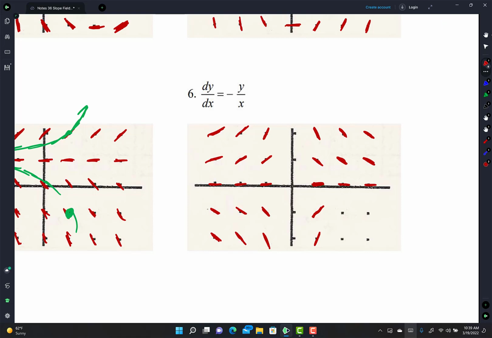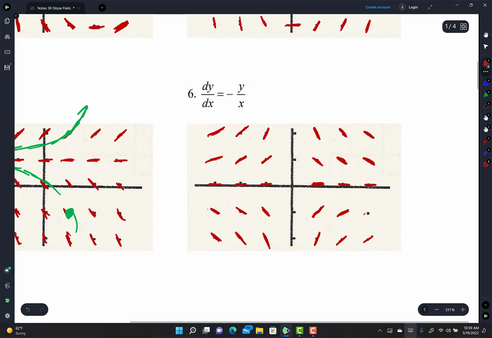One more. Well, I guess we still got the y-axis. Actually, no, we don't. Leave it alone. 2, -1: +1/2. 2, -2: +1. 3, -1: +1/3. 3, -2: +2/3.